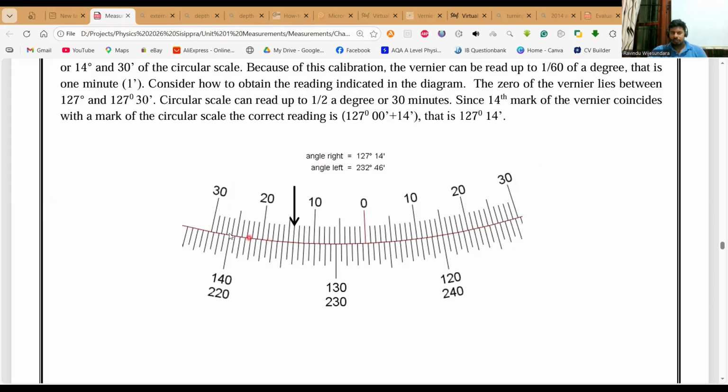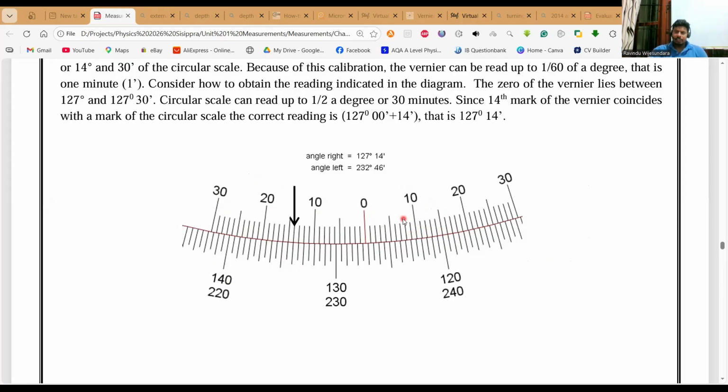For that purpose they have given it in both directions. The bottom one is the main scale and the top part is the vernier scale. Please take note of that. So the upper part is the vernier scale, and the lower part is the main scale.